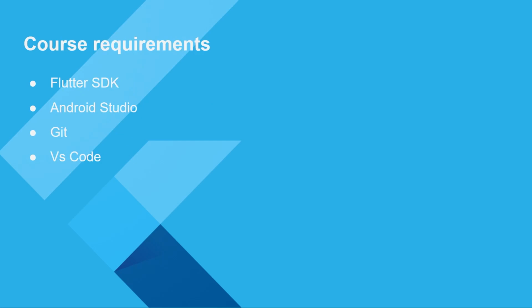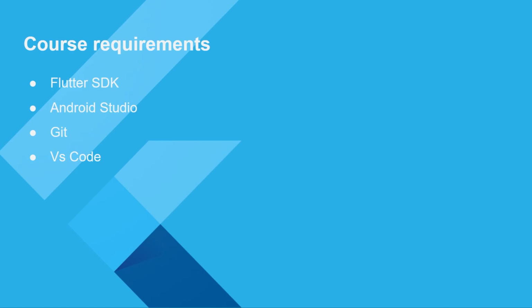So what do we need to start? We need Flutter SDK, Android Studio, Git, and VS Code. I will now give a short description about each of these softwares. Flutter refers to the Flutter Software Development Kit. Android Studio is an integrated development environment which has the proper tools for us to build and test our app on the Android platform.